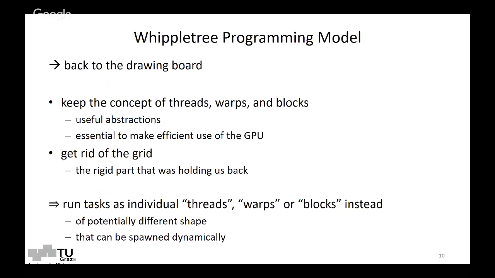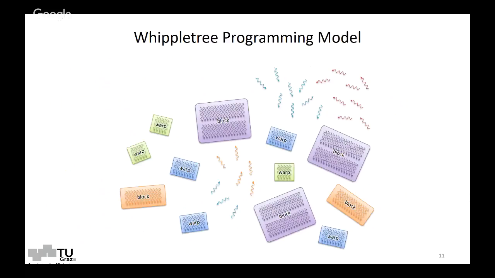And the idea is that we want to be able to launch these threads, warps, and blocks dynamically. So you can think of an algorithm which starts at some point on the GPU, somehow parallel in the beginning, and then dynamically we figure out, okay, there's something a single thread should be working on. And something pops up where we want a single warp working on it. Or something pops up where we say, okay, we need more threads for that, we want to dynamically launch an entire block.